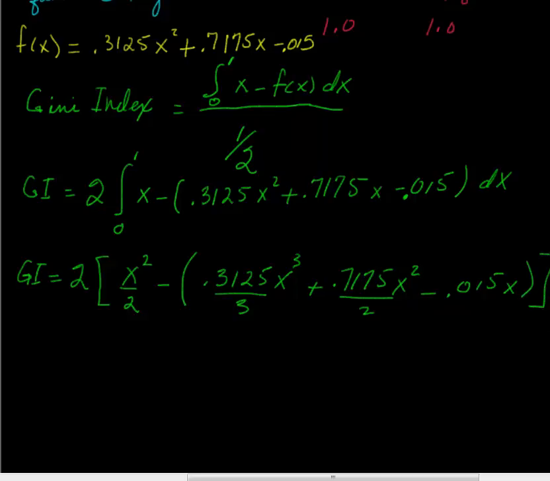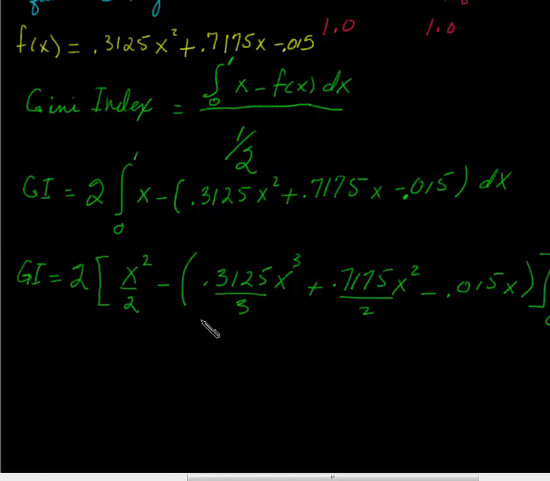And that was a definite integral between 0 and 1, so I'll put the 0 and 1 out here, indicating that I still have to evaluate this whole expression at 1, and then subtract from that what I get when I evaluate this expression at 0.